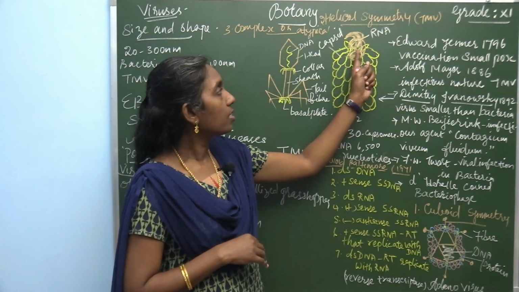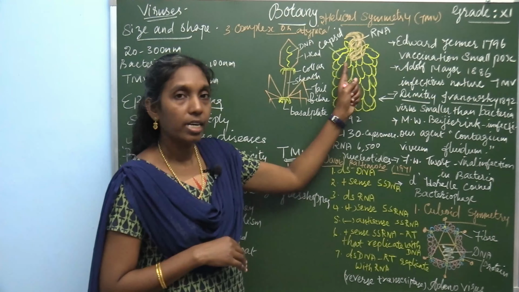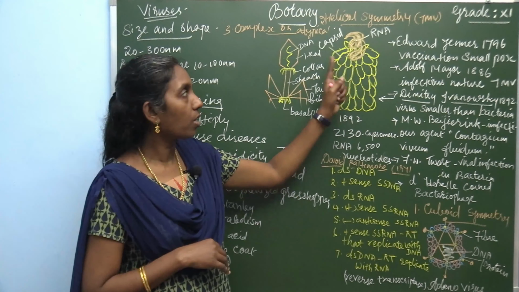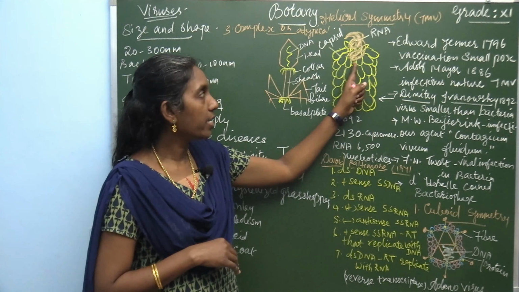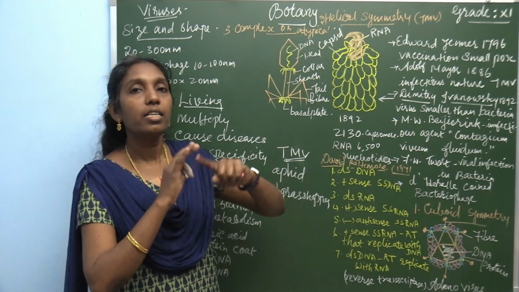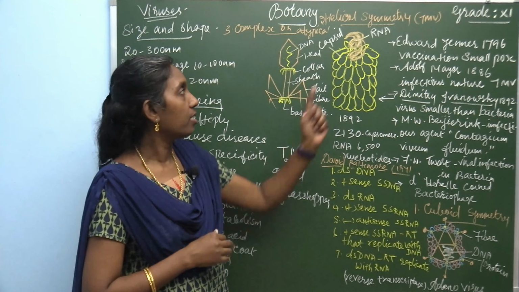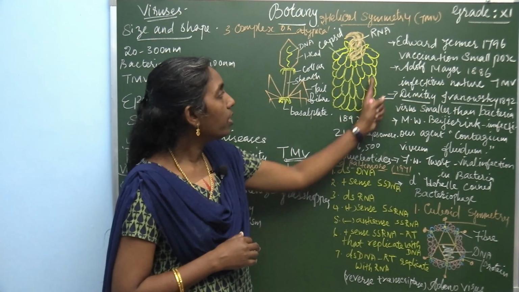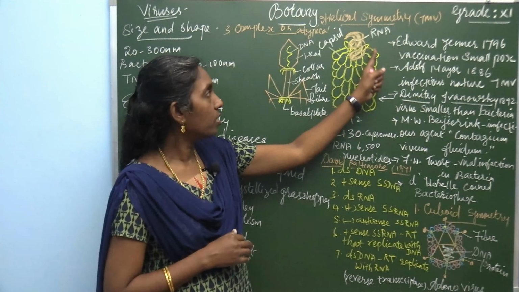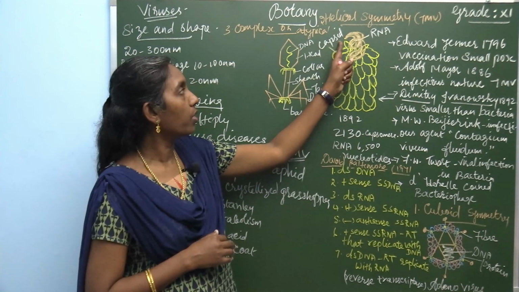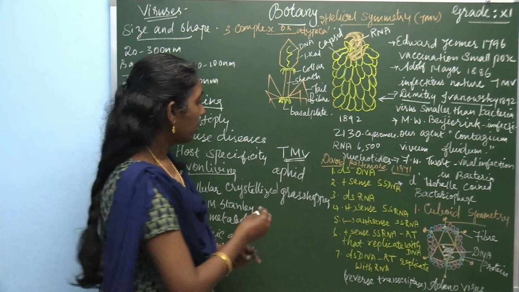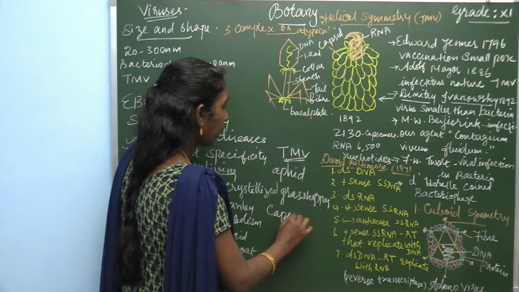Tobacco mosaic virus contains RNA as the genetic material, and the nucleic acid RNA is surrounded by a protein coat. The name of the protein coat is capsid.